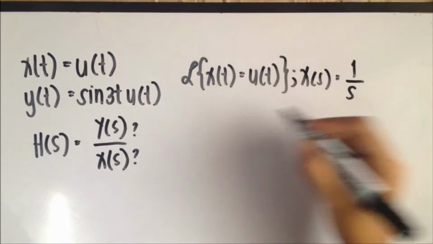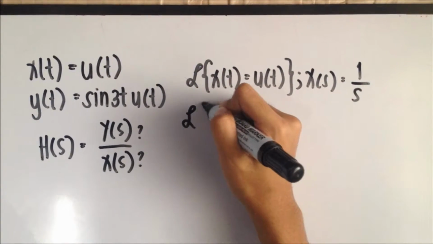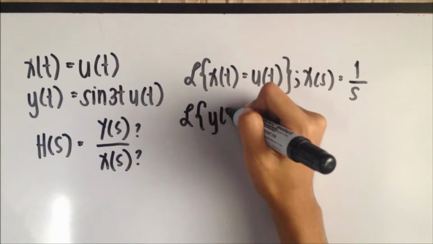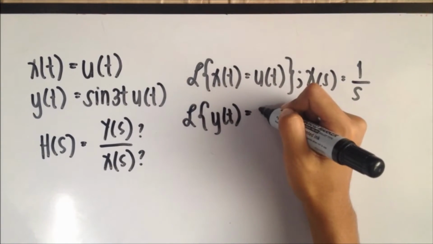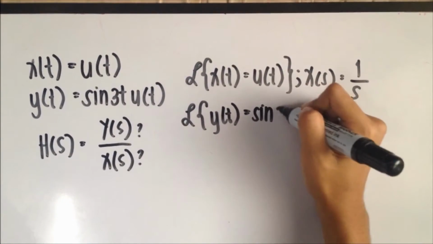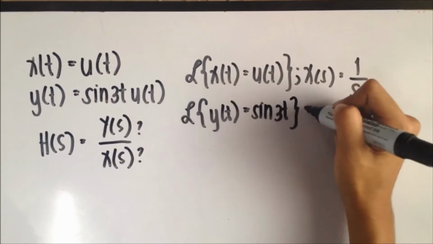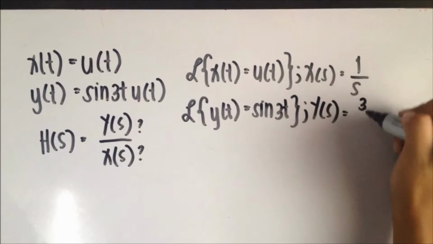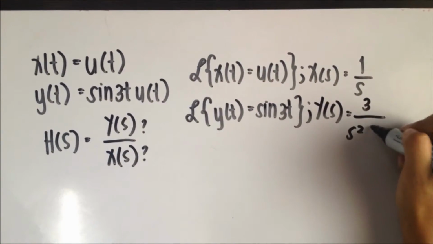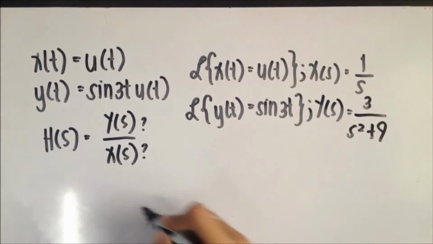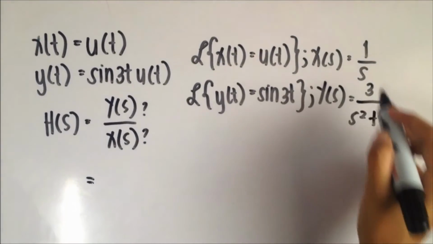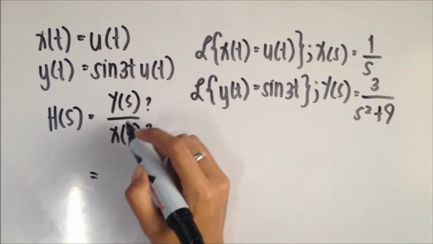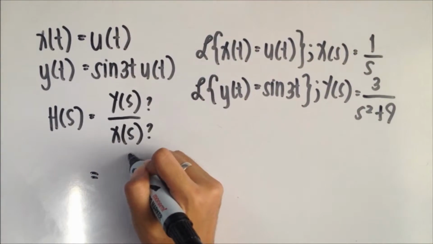Then the Laplace of y of t, which is sine 3t, is equivalent to y of s equal to 3 over s squared plus 9. So now that we have both values x of s and y of s, we can substitute those two into the transfer function equation.